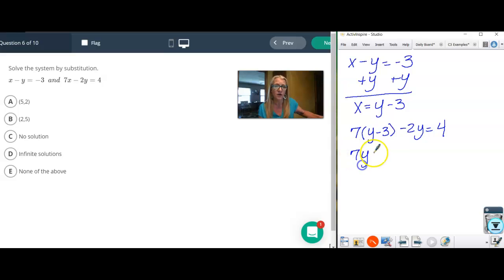Distributing, you get 7y minus 21 minus 2y equals 4. Combine these like terms, this positive 7y with the negative 2y, and we'll have 5y minus 21 equals 4. And I'm sure you can take it from there. Add 21 to both sides, divide both sides by 5, and you'll be on your way to the correct answer for that one.